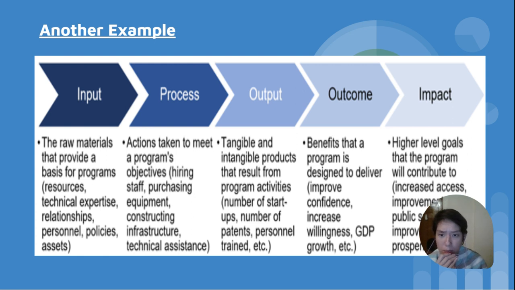So, for example, in input, you can put resources, the technical expertise, the relationships, and for process, or its equivalent, let's say, in a campaign that aims to achieve behavioral change. Its equivalent. So, let's say process. You have hiring staff, purchasing equipment. Because this one deals with mainly infrastructure and urban living.